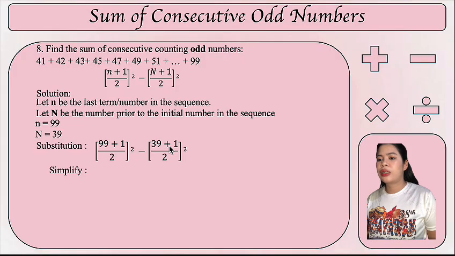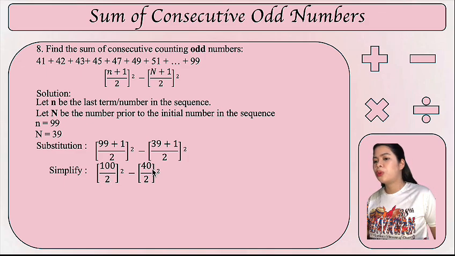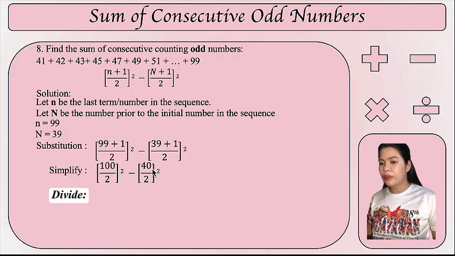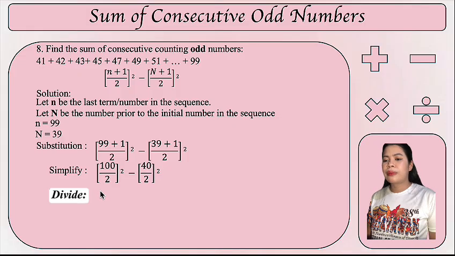So next, we are going to simplify by adding: 99 plus 1 equals 100, then 39 plus 1 equals 40. So we're getting 100 divided by 2 squared minus 40 divided by 2 squared. Next, we are going to divide 100 by 2.